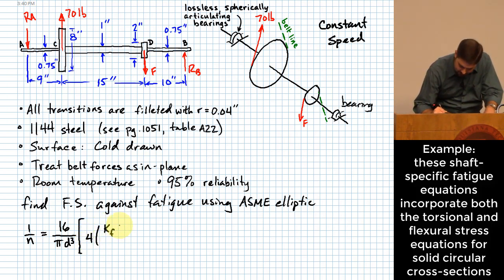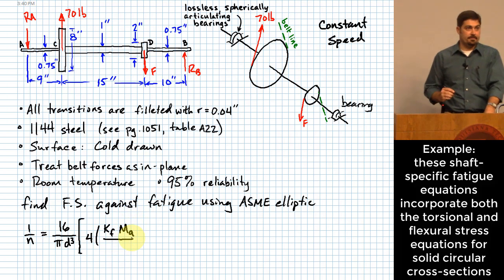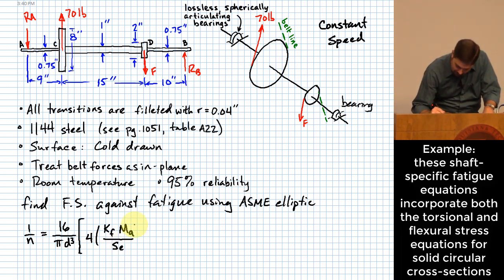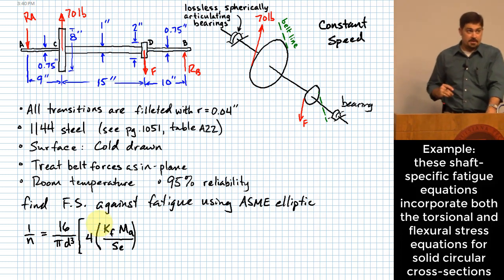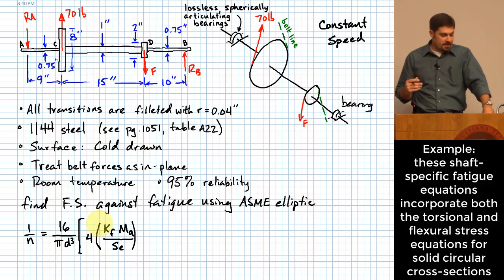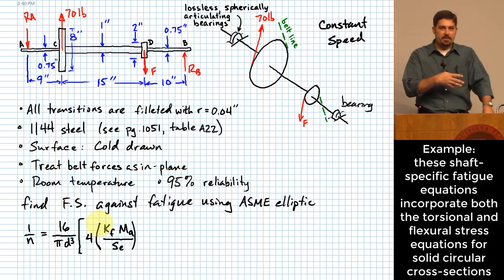What's that? Okay, K sub F is a fatigue stress concentration factor. All right? And you may remember that for fatigue, we don't use a theoretical stress concentration factor because it turns out that in practice, stress concentrations don't seem to be as severe as the theoretical stress concentration might predict when you're using it in the context of a fatigue problem.